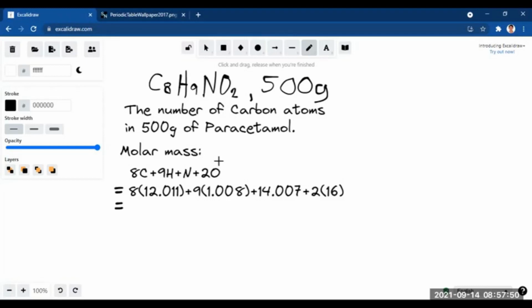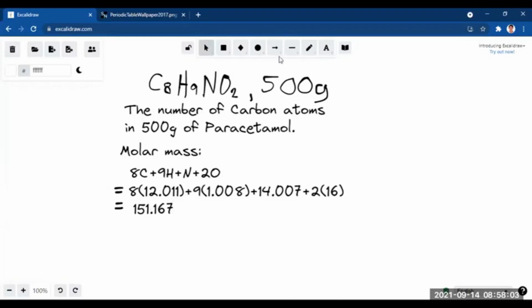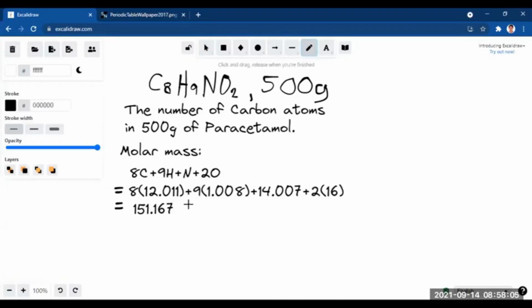We have 151.167 atomic mass unit, or let's go with grams per mole, grams per mole of paracetamol.